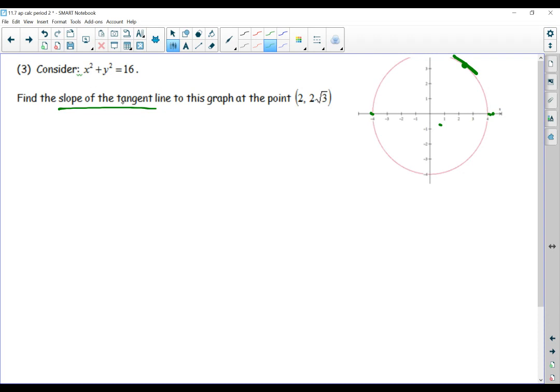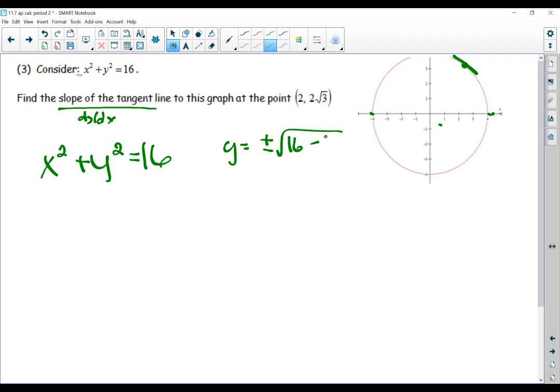So I want to find the slope of the tangent line, which means I need to find an expression for dy dx. So we're going to take this implicitly defined equation, and we're going to find an expression for the derivative. Now, you can solve for y and make this explicit. So if you want to get y by itself and move the x squared over and take the square root, you would actually end up with two functions.